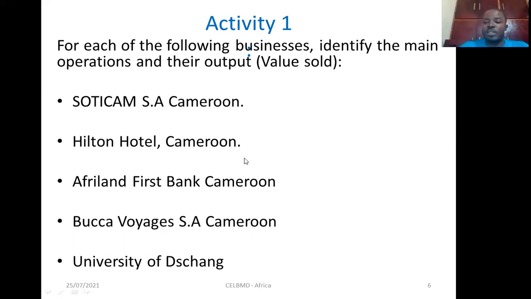Their key product is Dole yogurt. The company name is SOTICAM. What do they produce? What do they sell? How do they satisfy their customers?